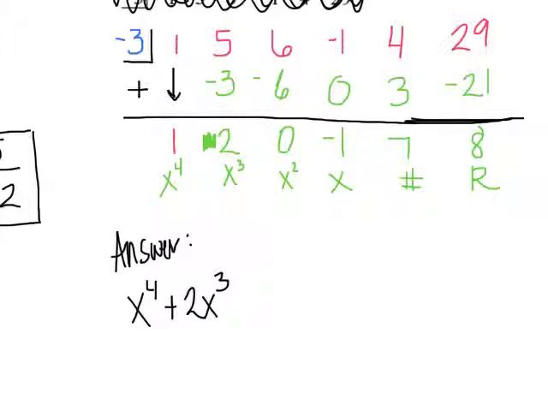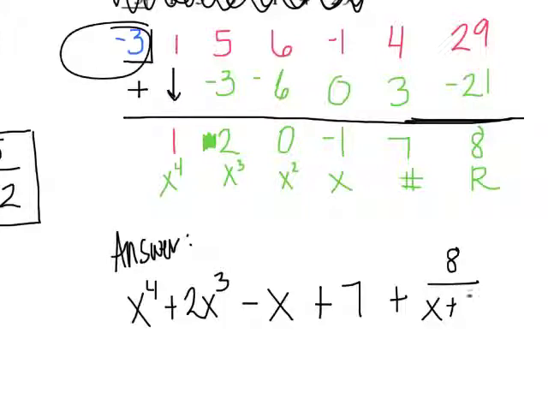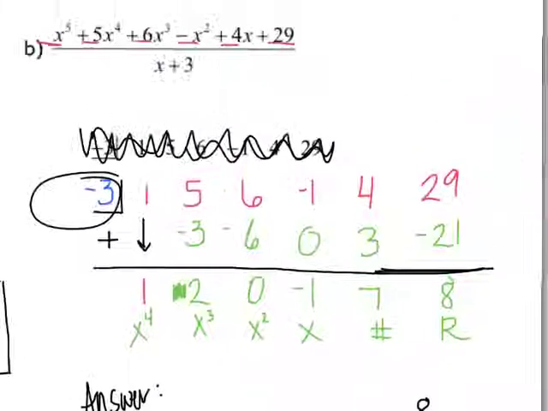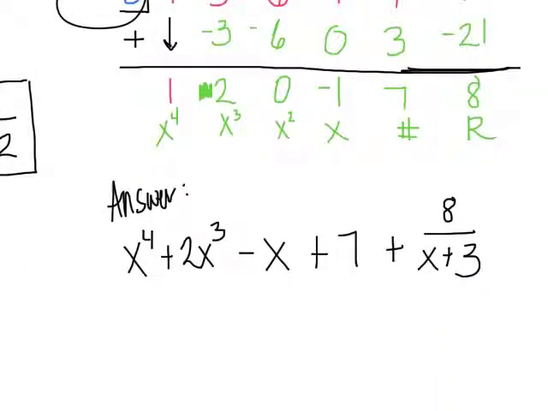I typically don't write it. Minus x plus 7. Remainder is +8, so plus 8 over, and then x plus 3 was the divisor. So you're coming back up to here. X plus 3 was the divisor. Okay? All right, and that's it.